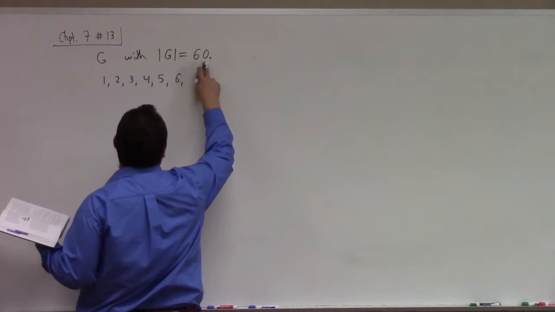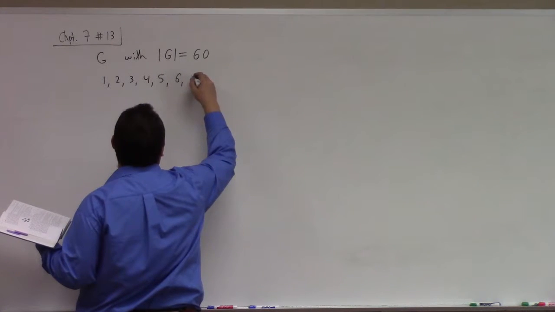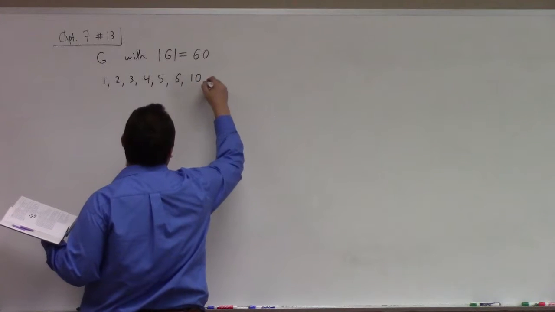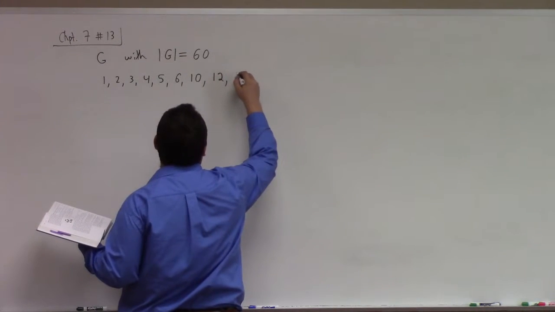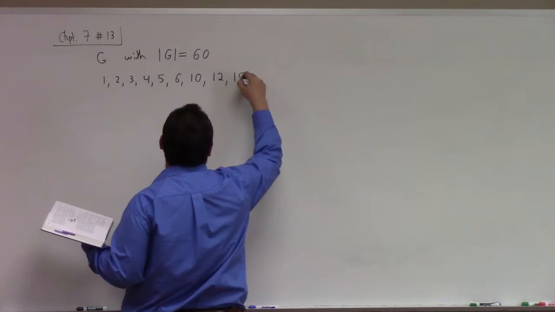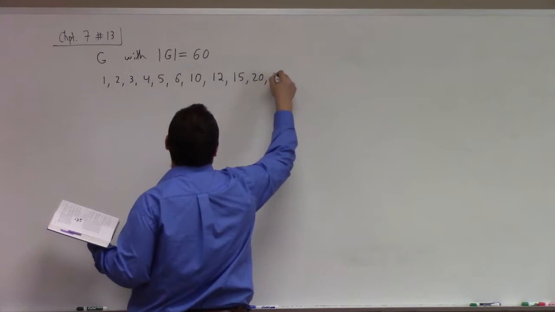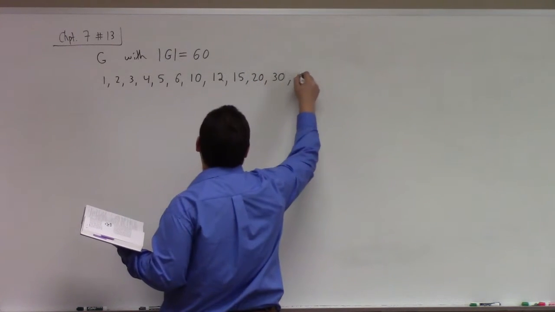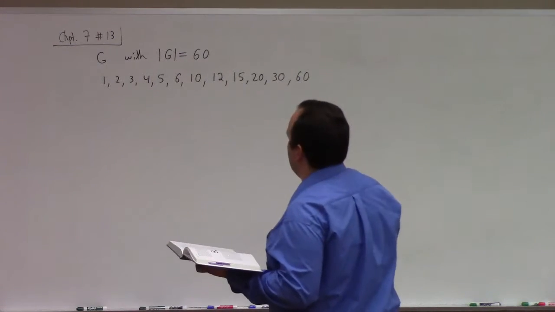Is 8? Oh, I don't think 8 divides. 9. Not 9. 10 though, yeah. 15. Yeah. Oh, what about 12? 12. We said 15, yeah. And of course 20, and then 30, and then of course 60. So the possible orders of subgroups, there you have it.